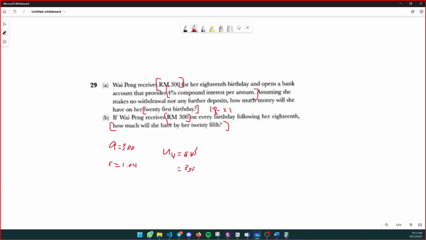So it's 300 times 1.04 to the power 3. You can get the answer 337.46. She will have roughly 337.46 ringgit on her 21st birthday.